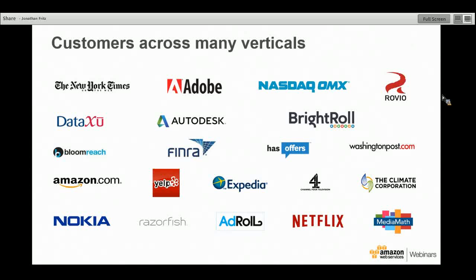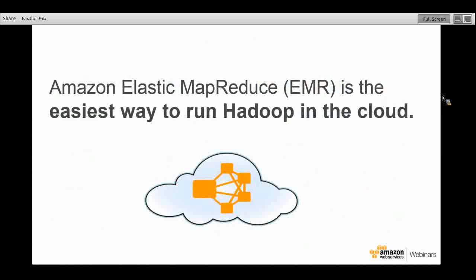But as you can see, many different verticals from many different use cases have adopted this, ranging from Yelp and recommendation engines to Netflix to ad technology companies like AdRoll, financial regulators like FINRA, gaming companies like Rovio. In all these verticals, there are big data problems, and we've seen EMR and Hadoop become adopted by these companies to solve those issues. So that's a little bit of background on Hadoop at a very, very high level.